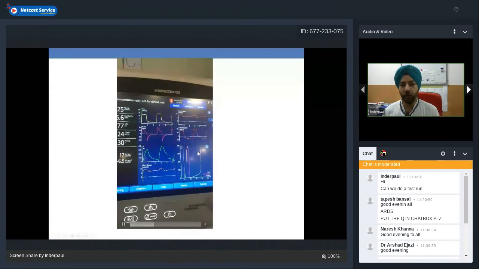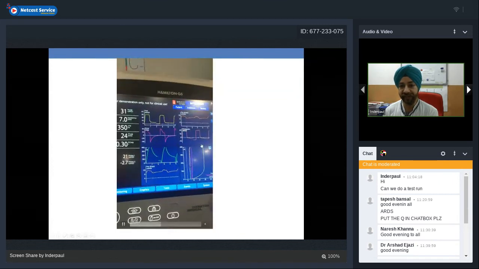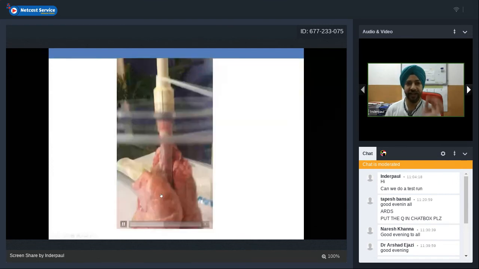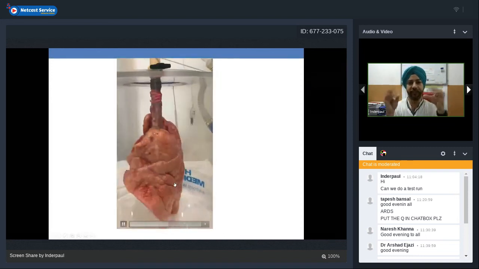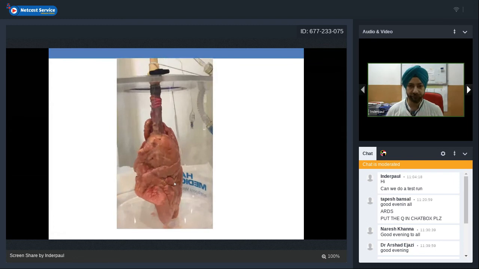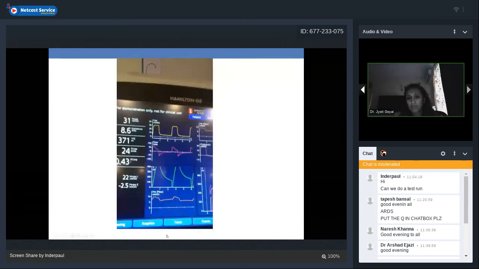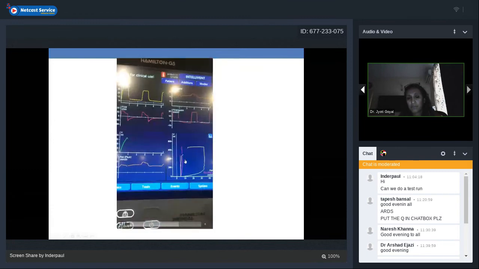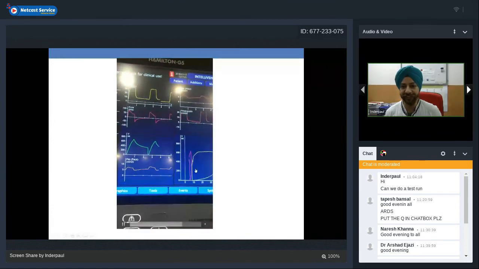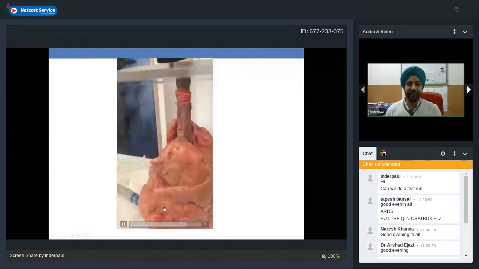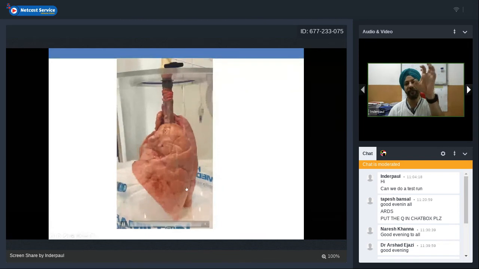What we want to do: you see that the pleural pressure, the pink pressure, is higher than the alveolar pressures, and that is why the lung units tend to collapse. So we gradually increase the PEEP, and you see that the esophageal pressure is gradually becoming lower than the alveolar pressure, and see how well the lung has opened up and it is not collapsing completely.